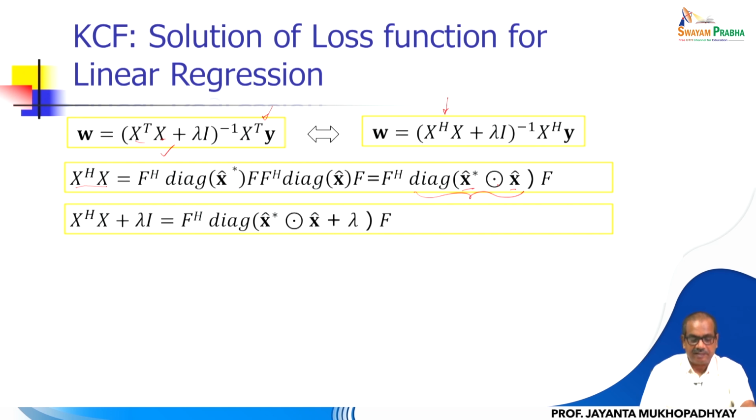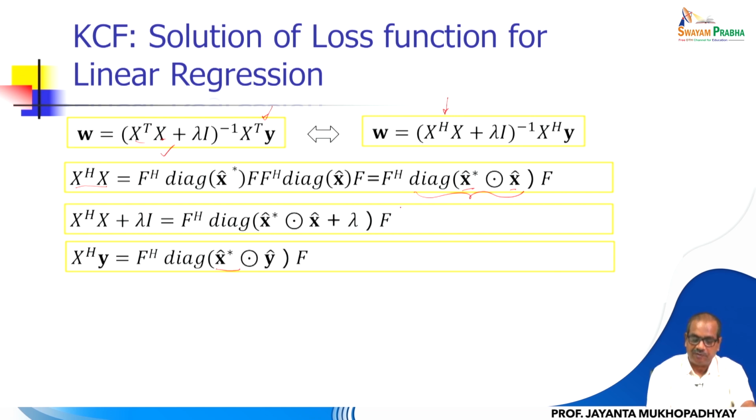So XHX plus lambda I can be expressed in this way, and XHY also can be expressed by following similar logic. Everything is coming into the diagonal, all are diagonal matrices, and their inverse will give you the respective quantities.